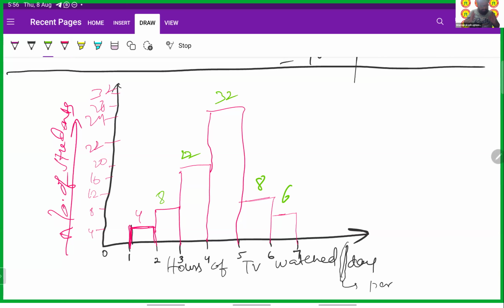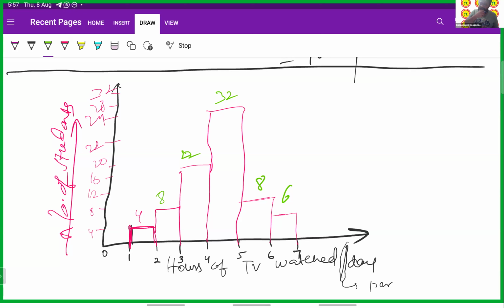What they are telling is that the number of hours for which students of a particular class watch television during holidays is shown in the given graph. Answer the following questions. Suppose sixth class students watch TV in holidays for particular hours.